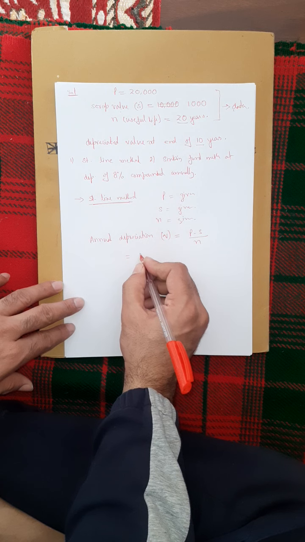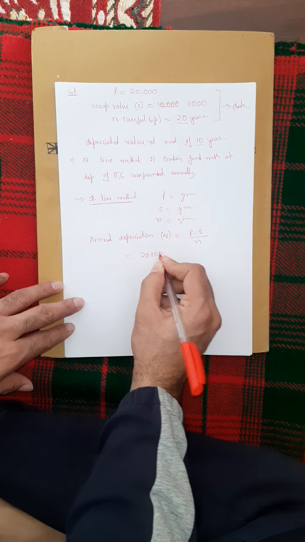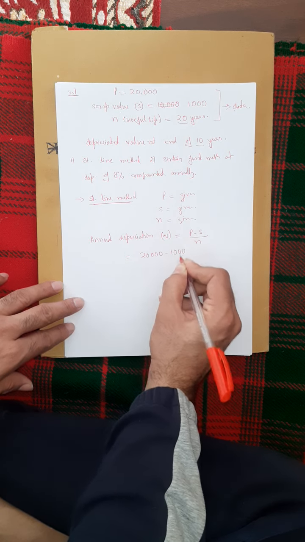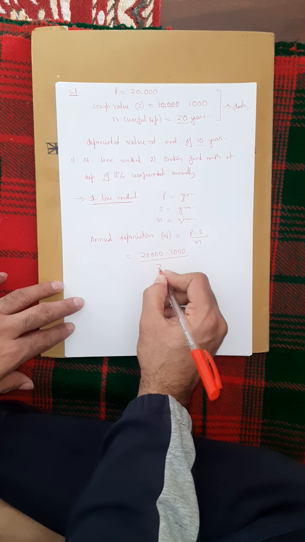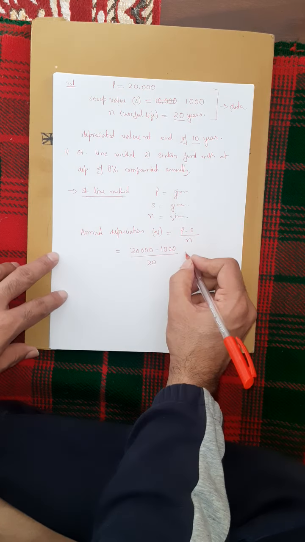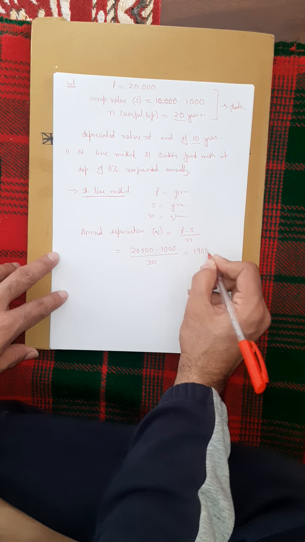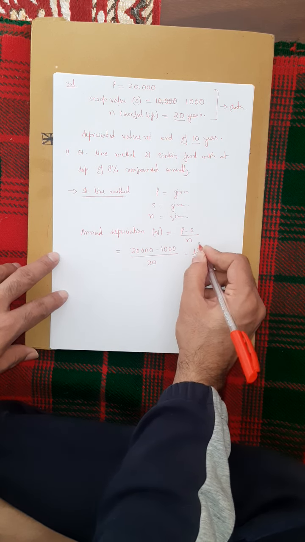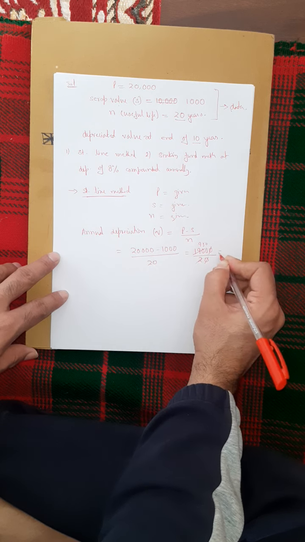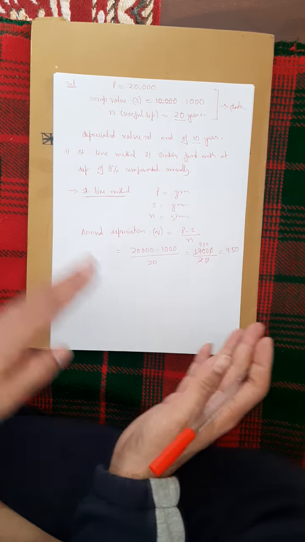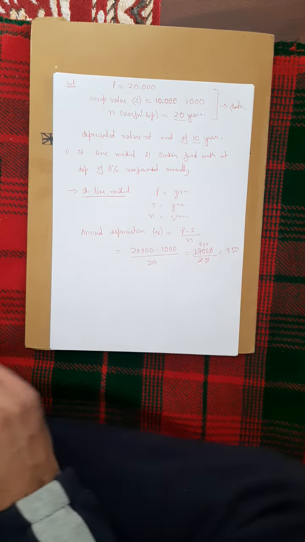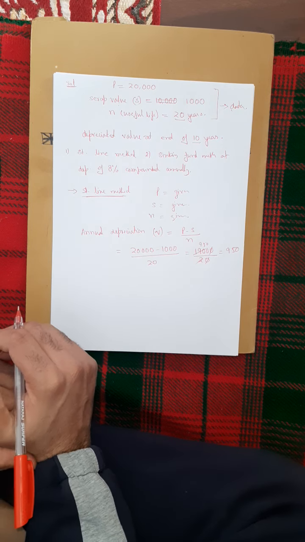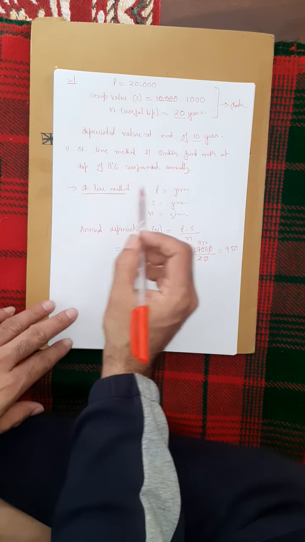P is 20,000, S is 1,000, and N is 20. So it will be 19,000 divided by 20, which is 950 rupees. So each year there will be a depreciation of 950 rupees. What is asked in the question?